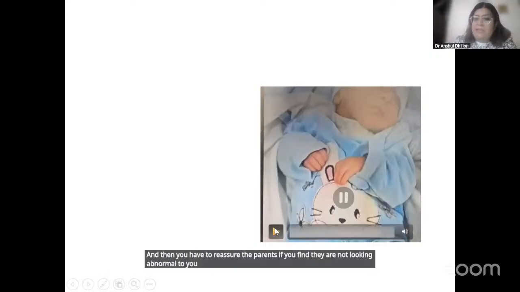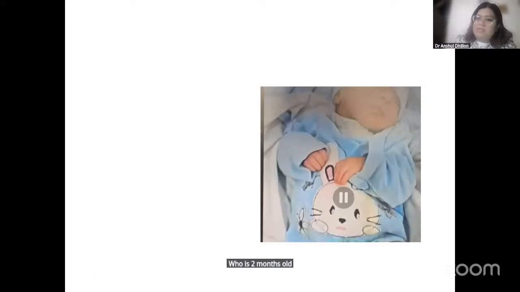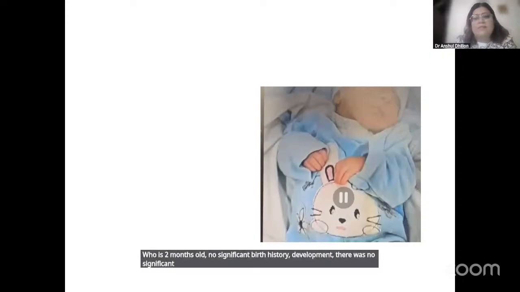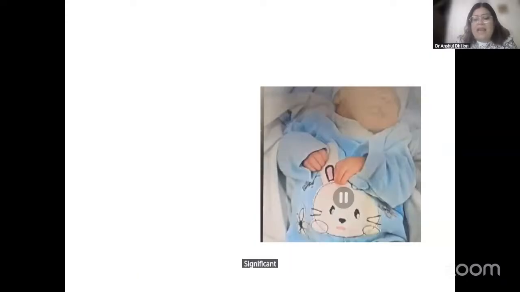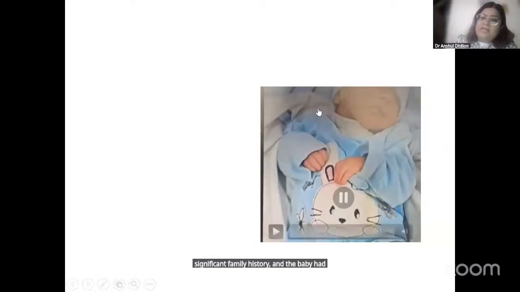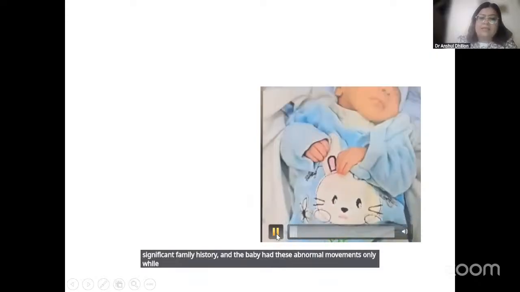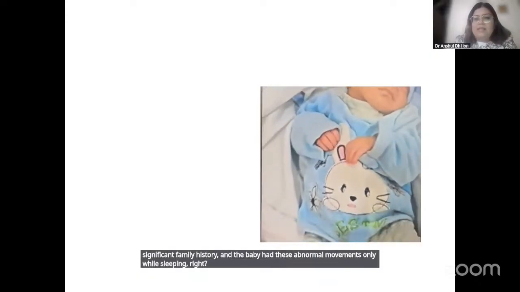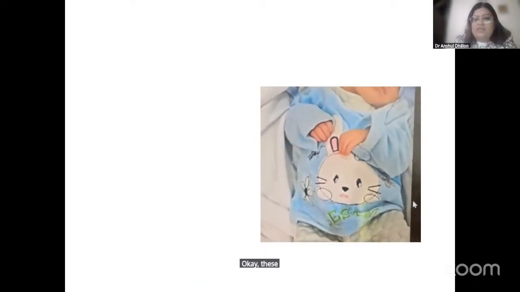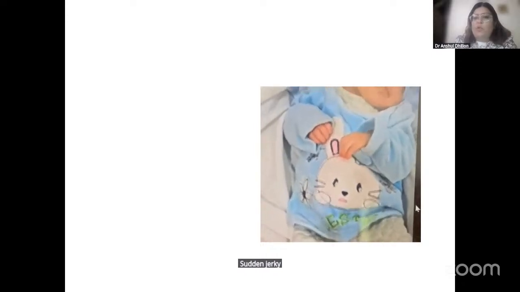So this is a baby who is 2 months old, no significant birth history, development normal, no significant pregnancy history, no significant family history, and the baby had these abnormal movements only while sleeping. Can you see these sudden jerky movements seen only while the baby is sleeping?